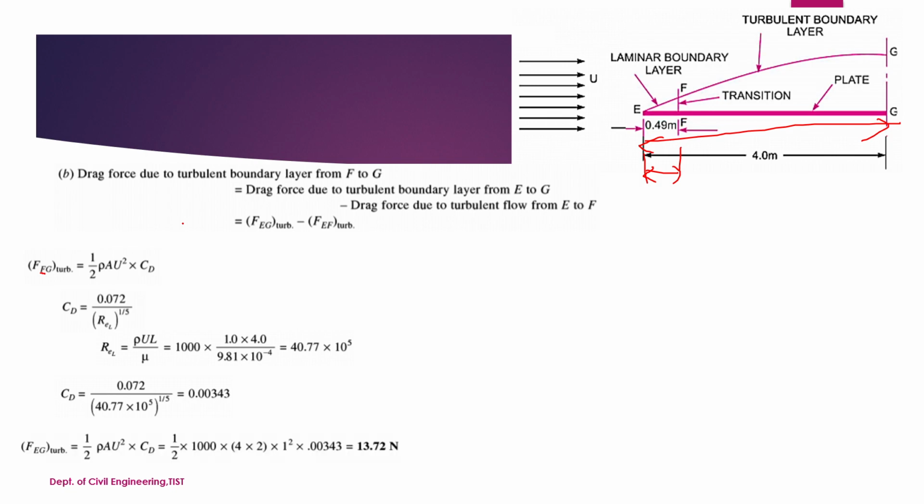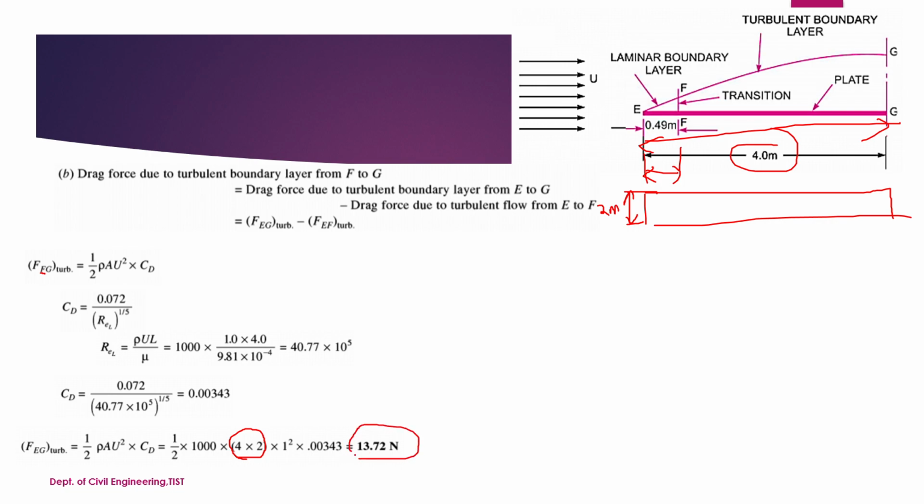These are the equations given by Blasius, and one point to be noted is that the area is 4 into 2. As I explained in the previous slide, if you take the plan, the total length is 4, the width is 2. So when you are considering the entire area, it will be 2 into 4. That is substituted over here.